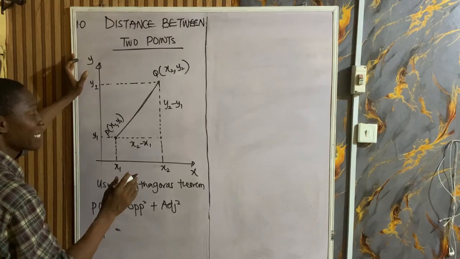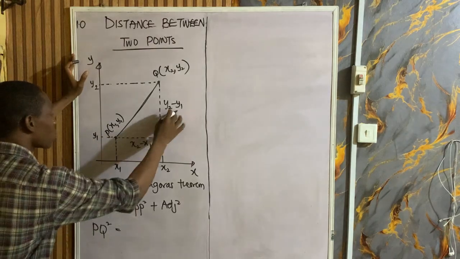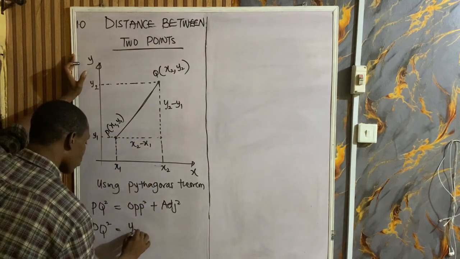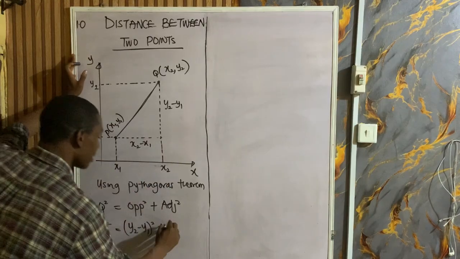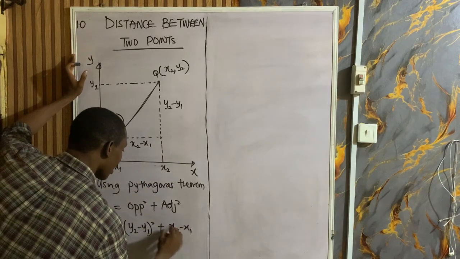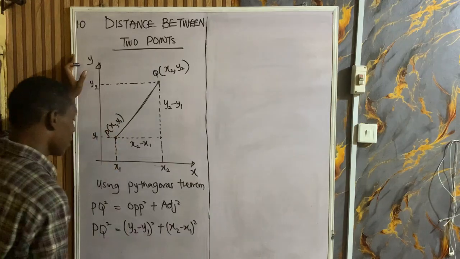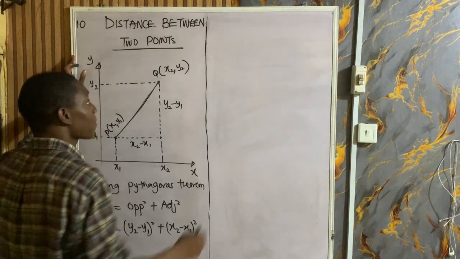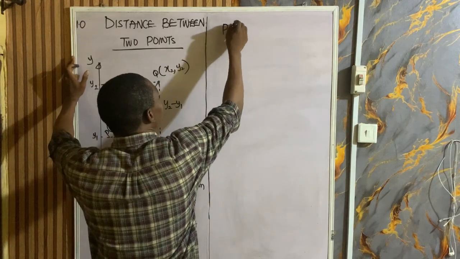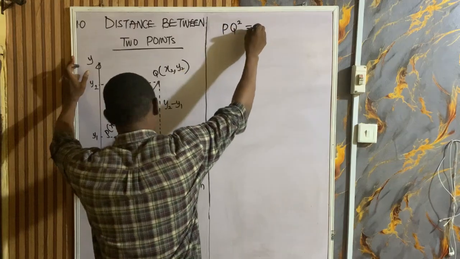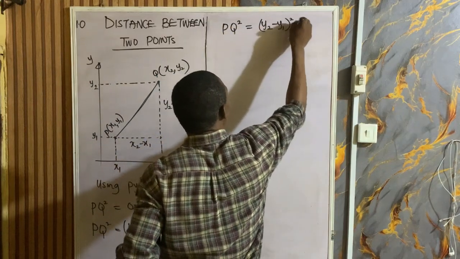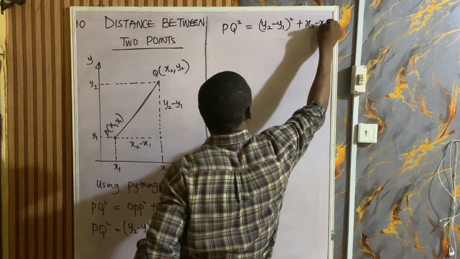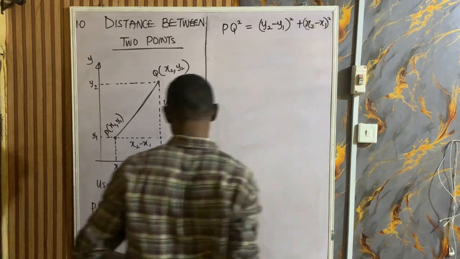Because no angle is given, we can use anywhere as the opposite. Let's use y2 minus y1 as the opposite. y2 minus y1 all squared plus the adjacent, which is x2 minus x1, again, all squared. And so we can therefore say that PQ square is equal to y2 minus y1 all squared plus x2 minus x1 all squared. That's what we have here.